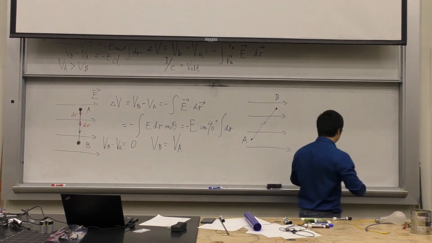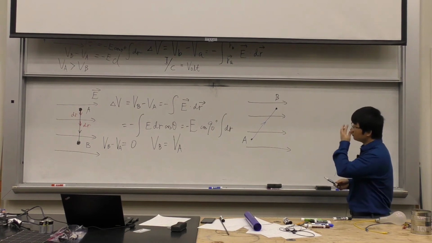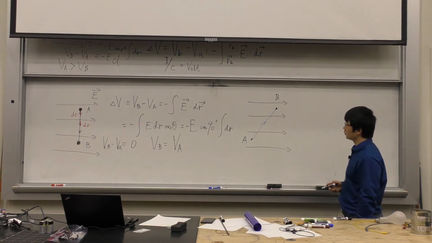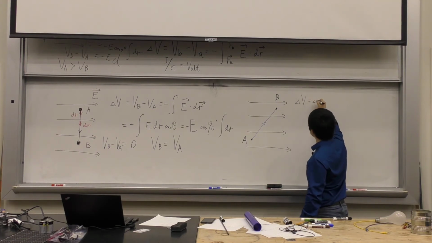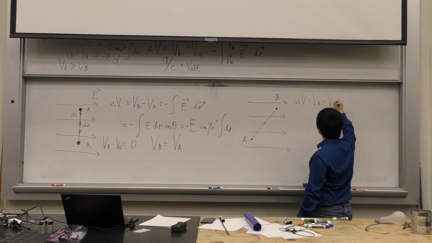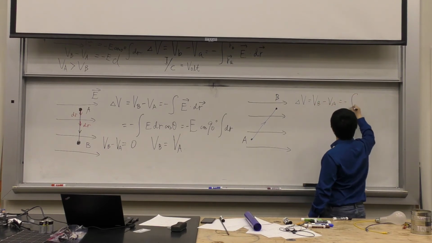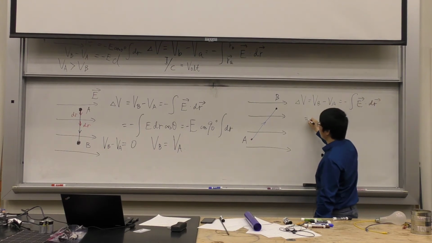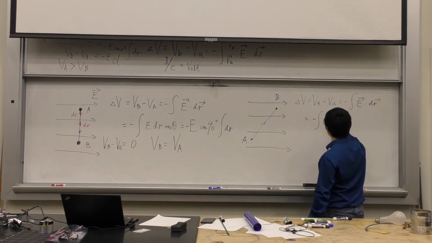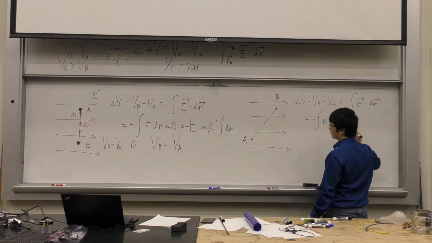Now, how do you calculate the potential difference between these two points using the definition? Okay, the same definition, potential difference between B and A, it's going to be this. Now, E dot dr is going to be E dr cosine theta, right?